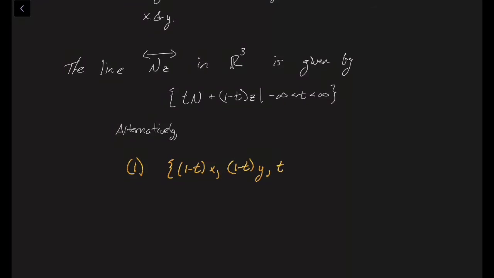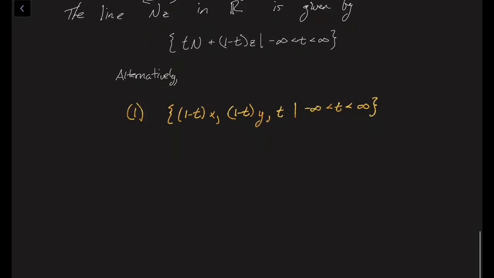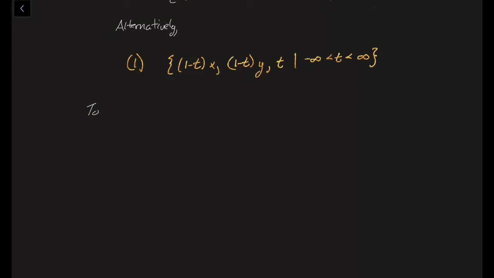Because if a point lies on the sphere, then the first coordinate squared plus the second coordinate squared plus the third coordinate squared is equal to 1. And then all we need to do is solve for t. We can do that both in terms of x and y, and in terms of z itself.